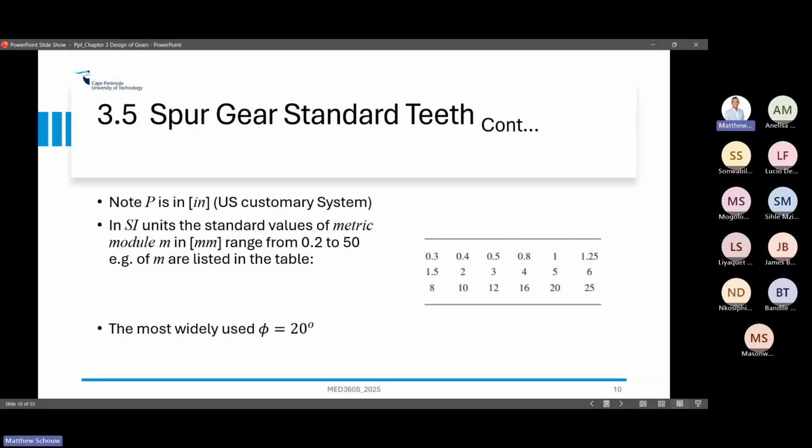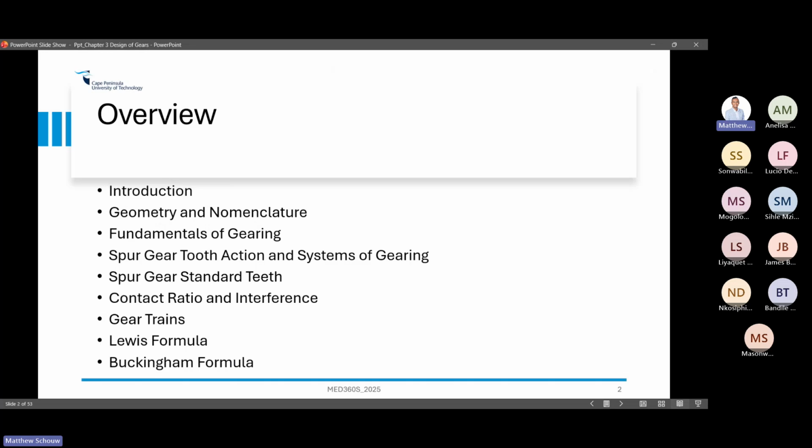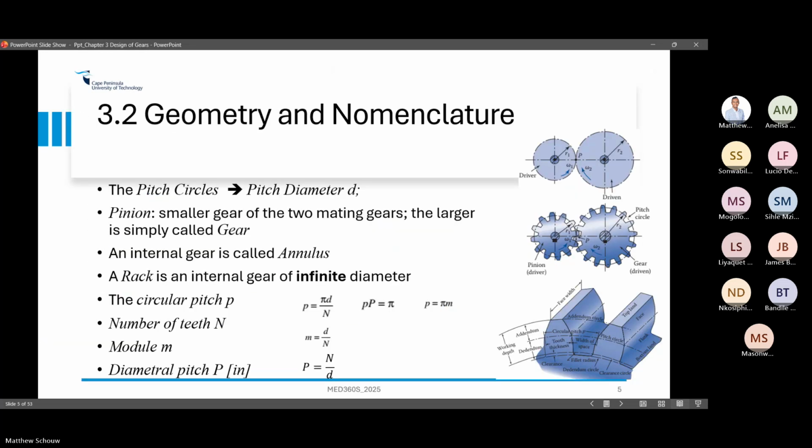Just to have a quick recap on what we're looking at. We were looking at the different geometries and nomenclature of gears, and things like the dedendum, the addendum, the clearance, tooth thickness, the circular pitch, the pitch circle.